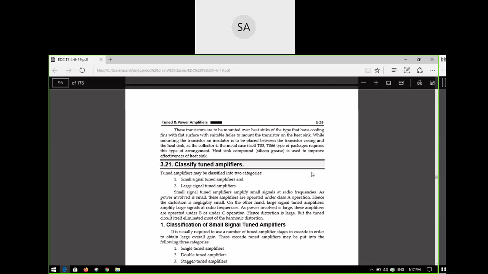The power involved is large in the case of large signal tuned amplifiers, and they operate under class B as well as class C power amplifiers. Hence the distortion is also large in large signal tuned amplifiers.